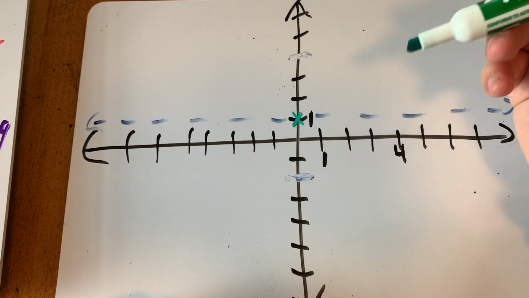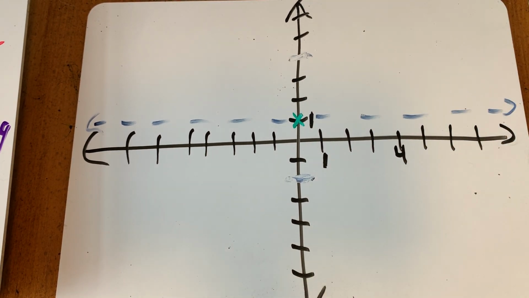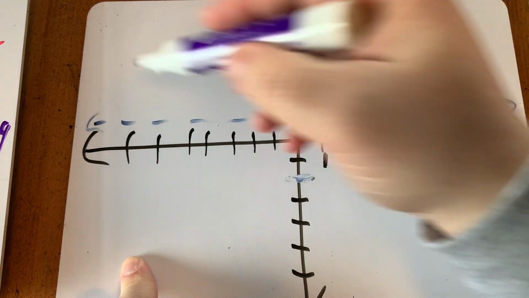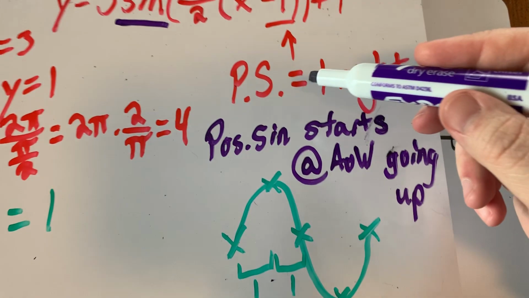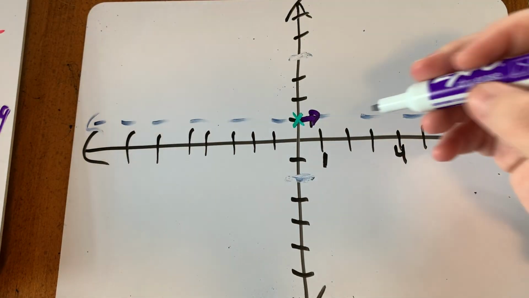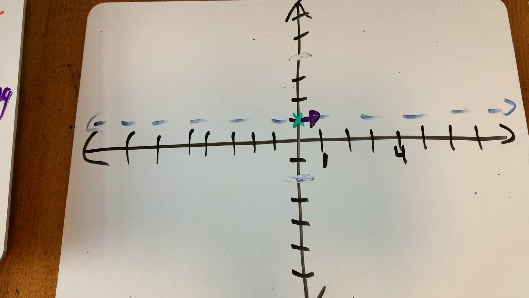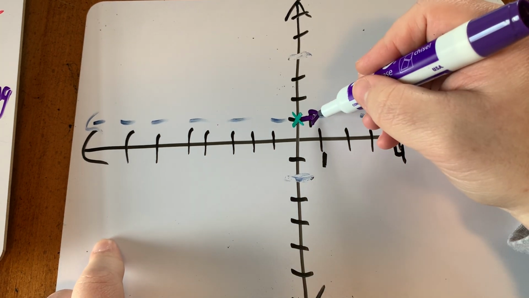So usually we start the axis of the wave on the y-axis, but that has been shifted. This is what our phase shift does. It takes that point and it moves it 1 to the right. So normally we would be at the y-axis, at the axis of the wave, but that's moved to the right 1.